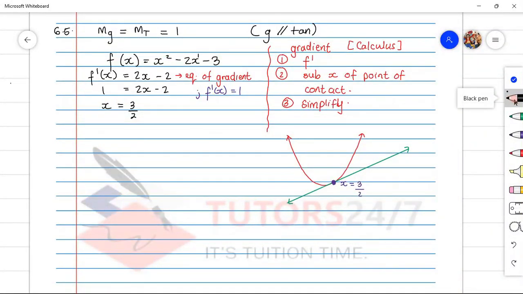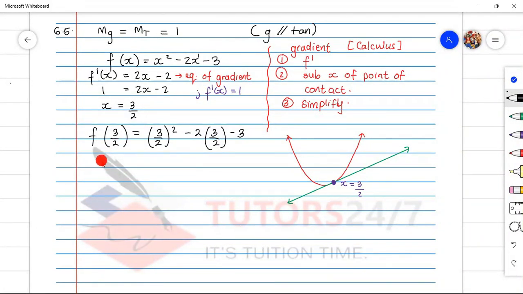Now that we have our x value of our point of contact between our function and our tangent, let's now find the y value. We're going to use the original function of f and substitute 3 over 2 in order to find our y value. So we have 3 over 2 squared minus 2 into 3 over 2 minus 3.